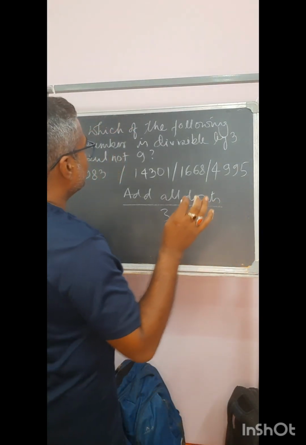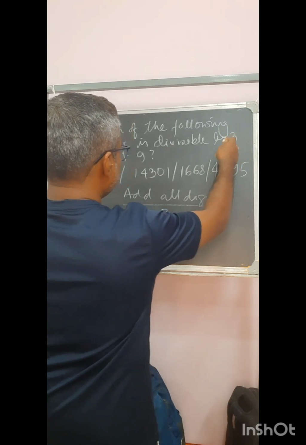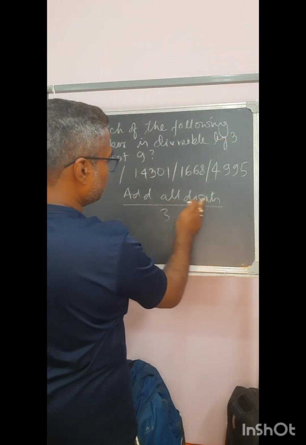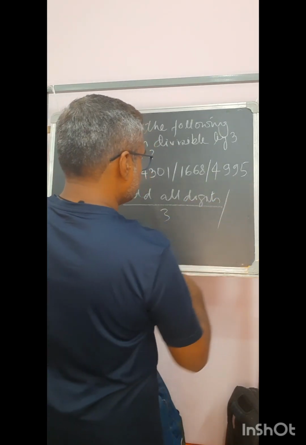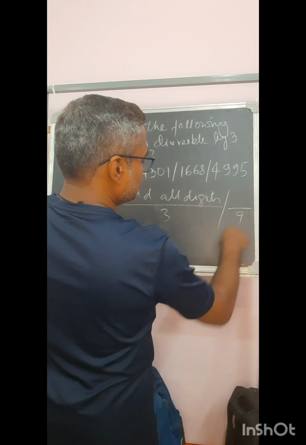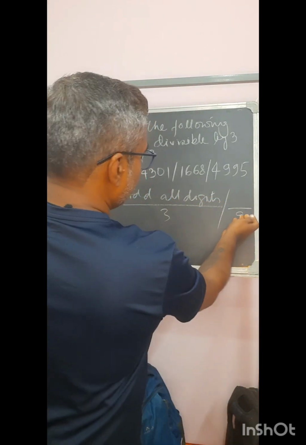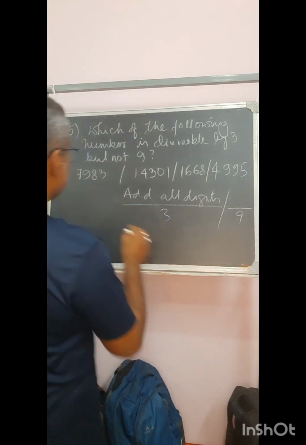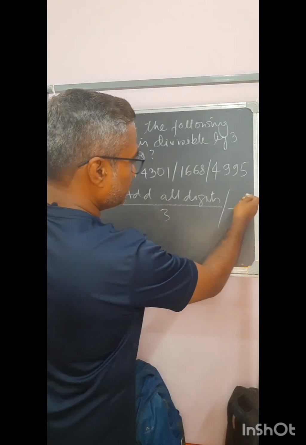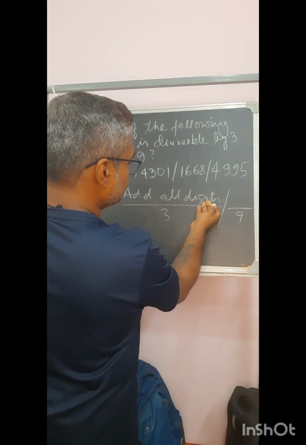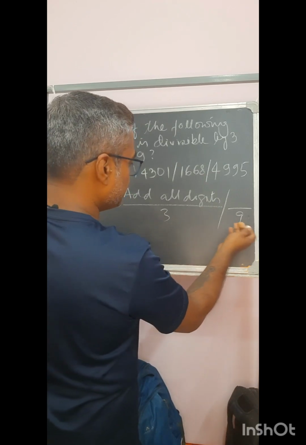But instead, if you remember the short concept that I have taught you, any number is divisible by 3 if I add all the digits and the sum is divisible by 3, and the same applies for 9 also. If I add all the digits and the sum is divisible by 9, then it is divisible. So start with this. Now, because this is a very common calculation, you have to add the digits, then you can see yourself directly whichever is divisible by 3 or 9.